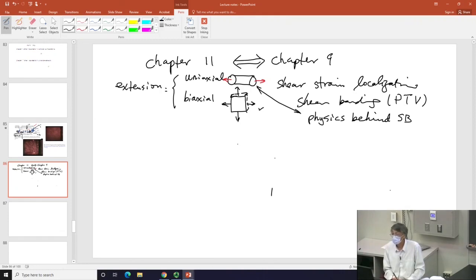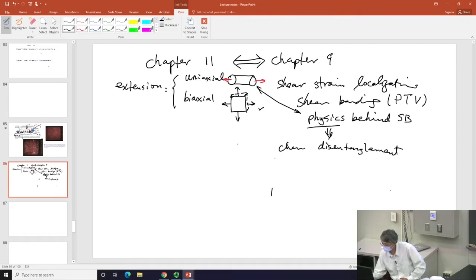When we say the physics are the same, I had a small sense described last time. What physics? The physics of chain disentanglement. The physics of that chain disentanglement leads to microscopically observable yielding, right?